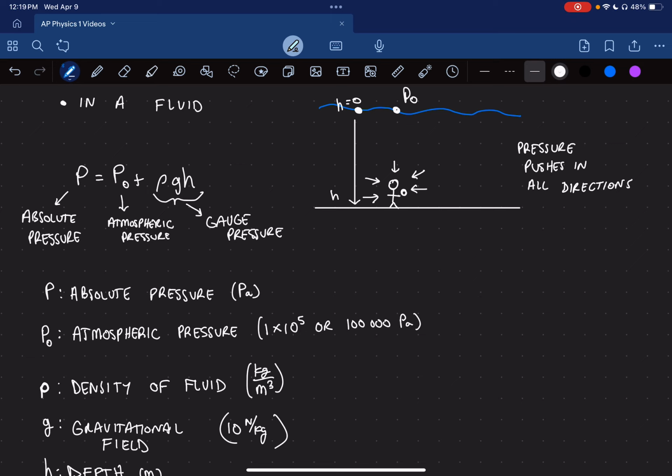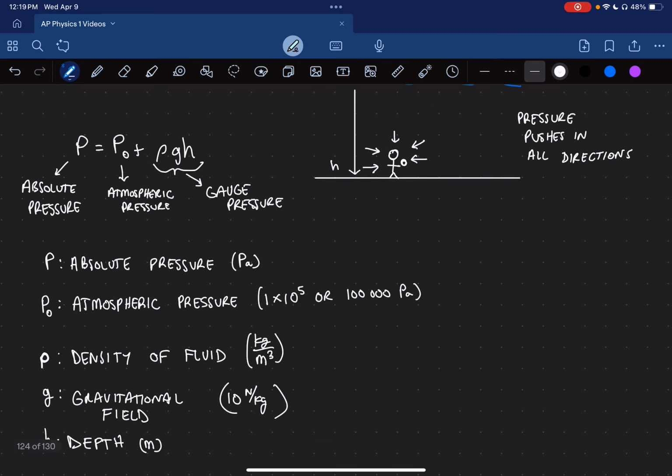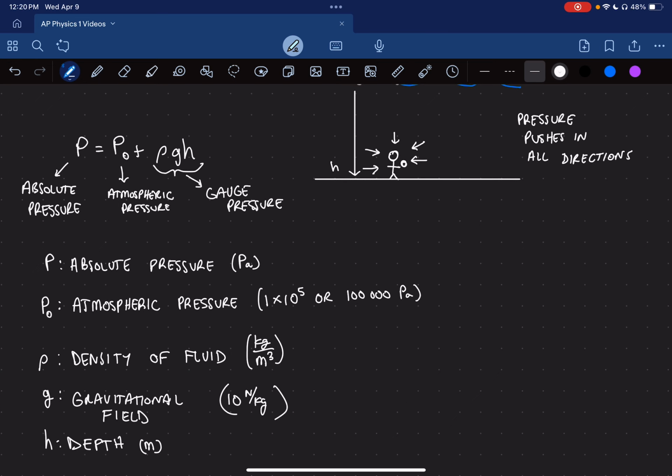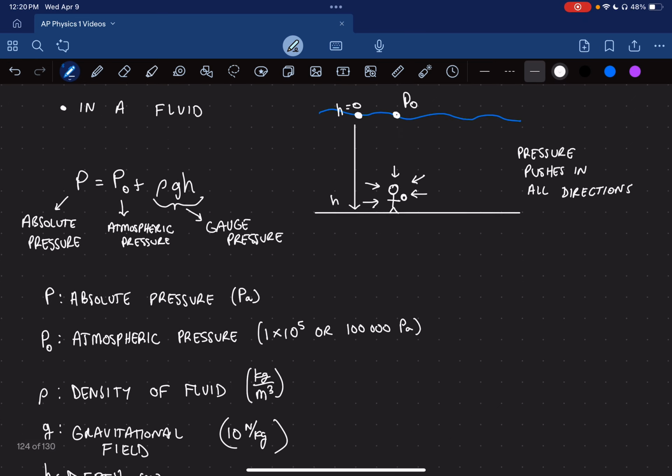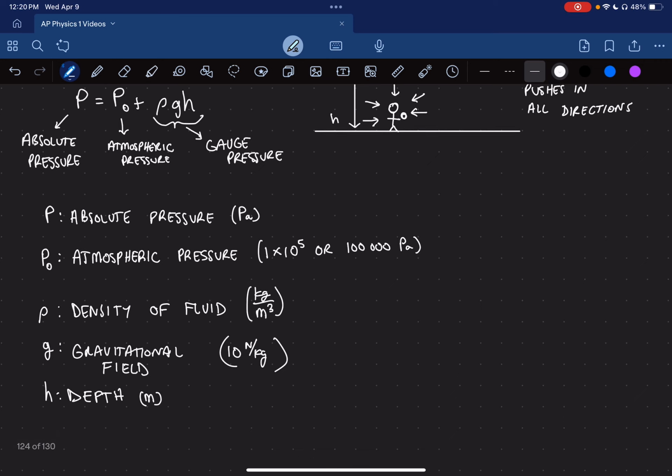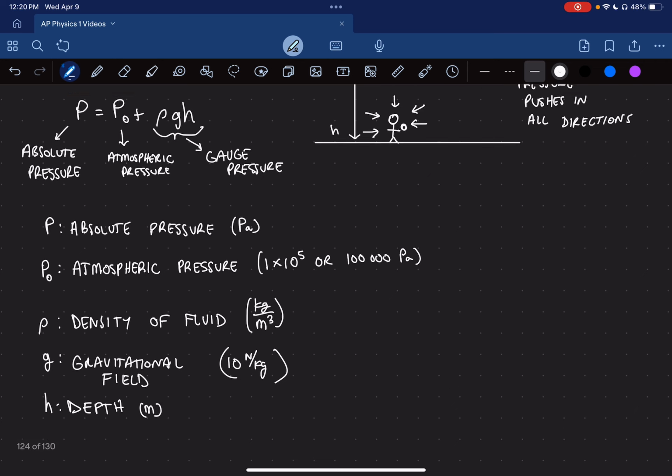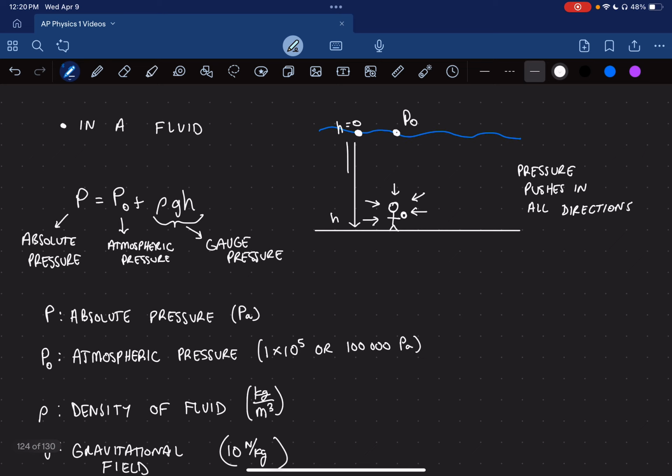Rho is the density of the fluid, like the water, in kilograms per meter cubed. g is the gravitational field, and h is depth. So you could be 1 meter deep, or 2 meters deep, and so on.